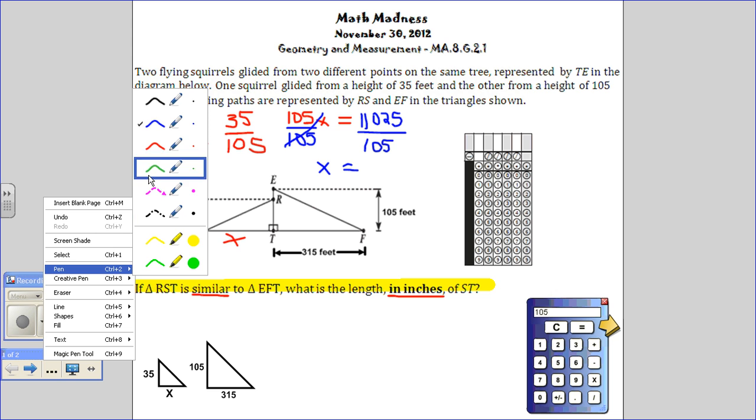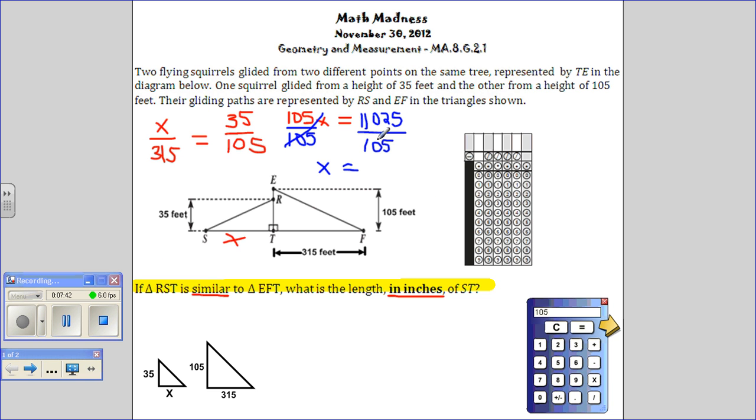Get my pen back. Look. So this is 105. It's right because 105 times 105 is 11,025. Now, so for this ST, we got x equals 105.